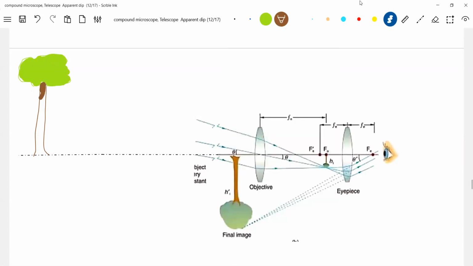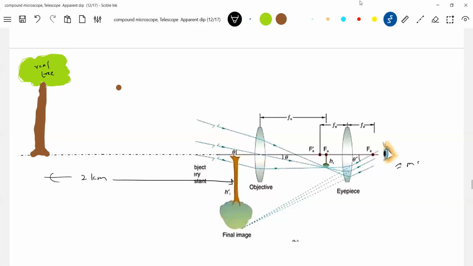Do you like to see the building inverted, the Taj Mahal or Qutub Minar, or some building near your home? There's a real tree at a distance of, say, 2 kilometers. When you see that, I'm seeing an inverted image, an inverted tree.